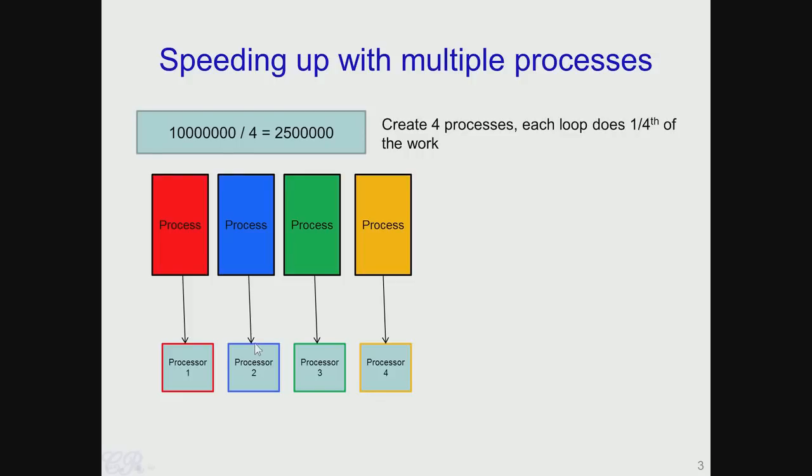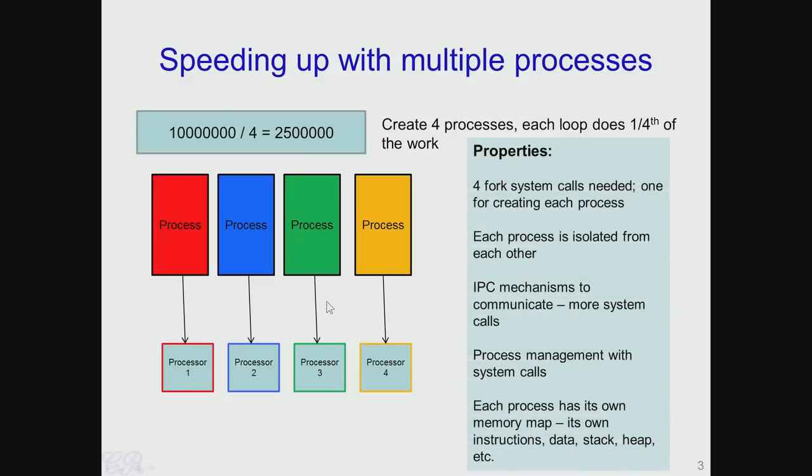Some of the properties of this particular approach are as follows. In order to create these 4 processes, we would require 4 fork system calls. Each fork system call that we invoke would create one of these processes.